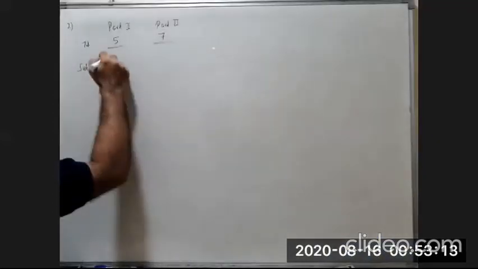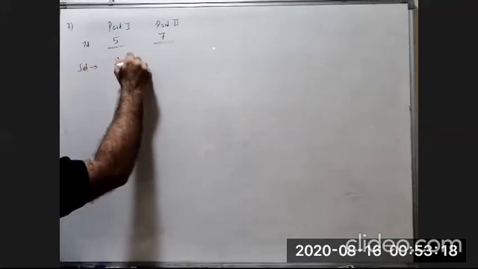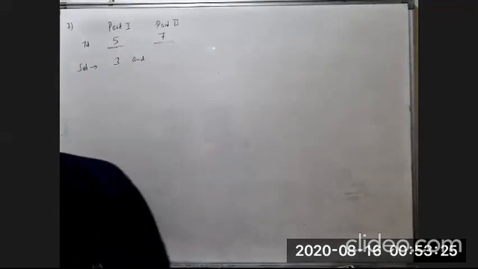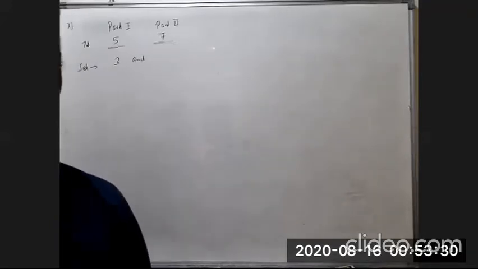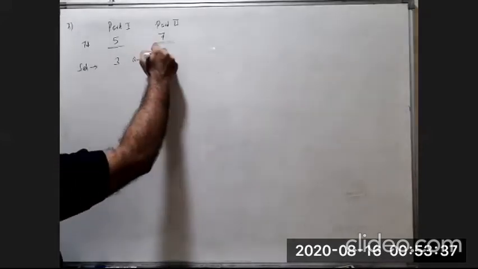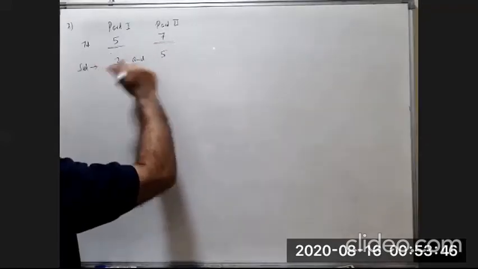If 3 questions are selected from part 1, then from part 2, how many questions are to be taken? Yes, Amar, you are right. If 3 questions are selected from part 1, definitely 5 questions are selected from part 2, because the total is 8.